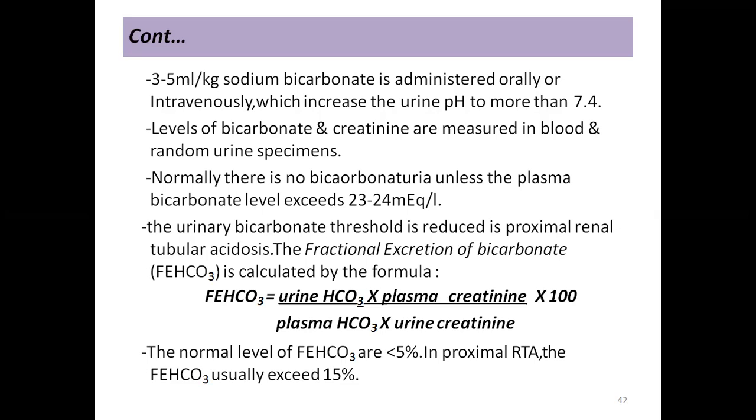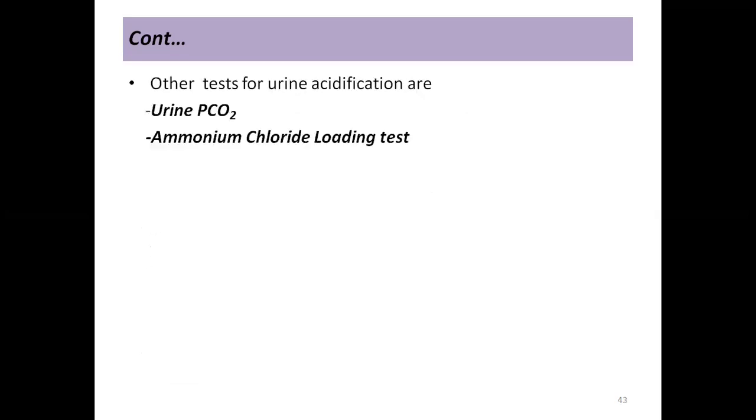Now the normal value of this is less than 5%. In proximal renal tubular acidosis, this value might increase to 15%. Other tests used are urine partial carbon dioxide pressure, and the ammonium chloride loading test might also be used.